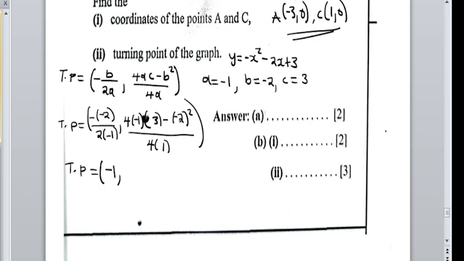Then minus 4, -12, we have -16. Then over 4 times -1, which is -4. Then the turning points are going to be finally -1, 4. So these are the turning points.